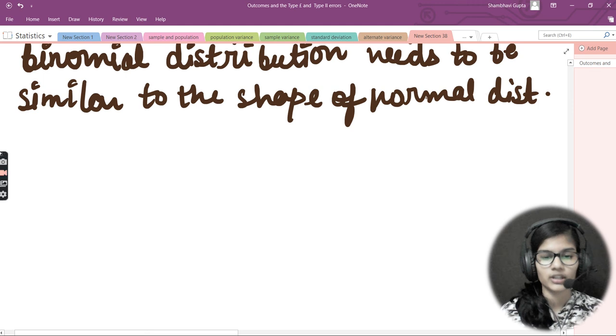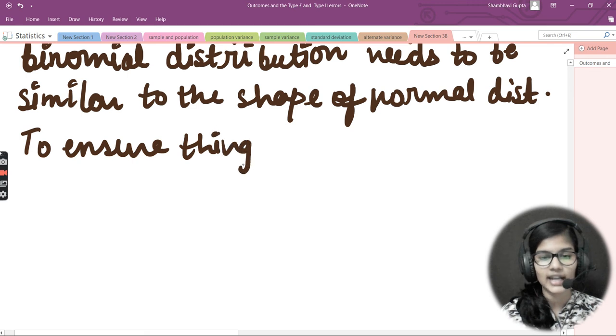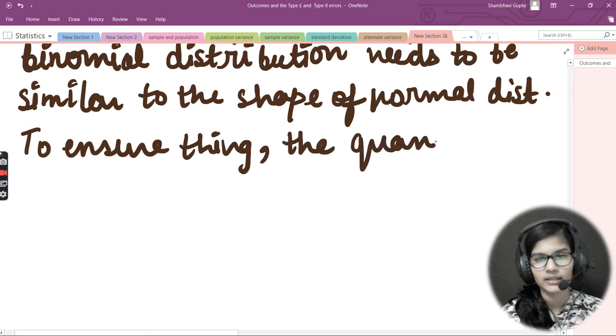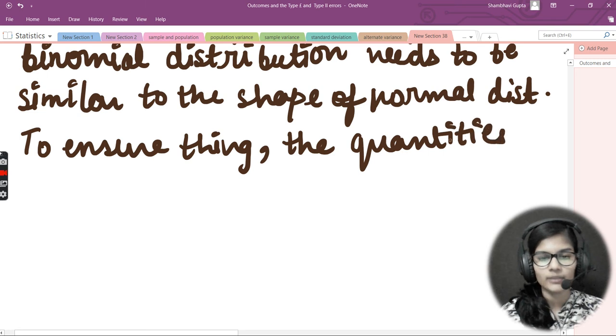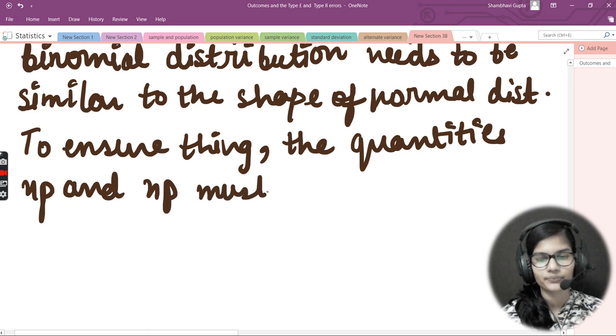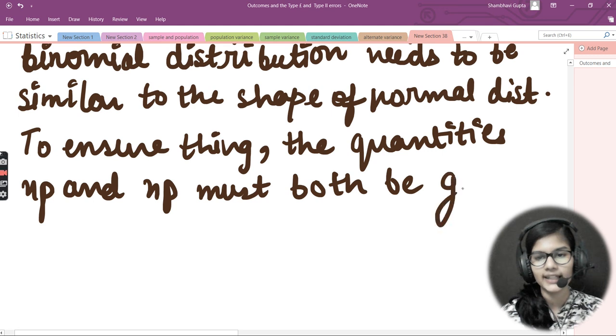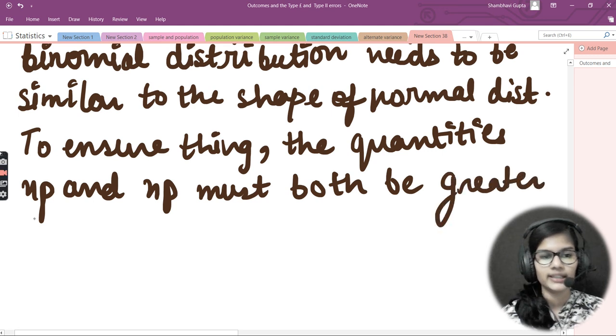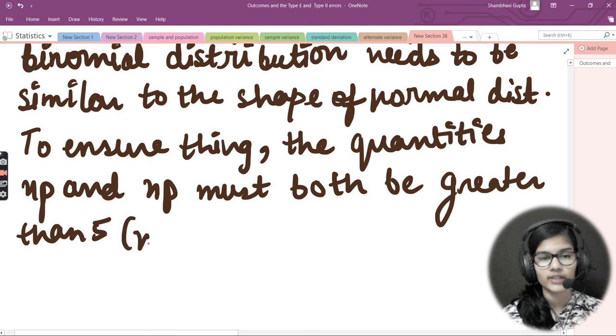Now, to ensure this, we have the quantities NP and NQ. NP and NQ must both be greater than 5. Okay, this is the condition that I will just write here.